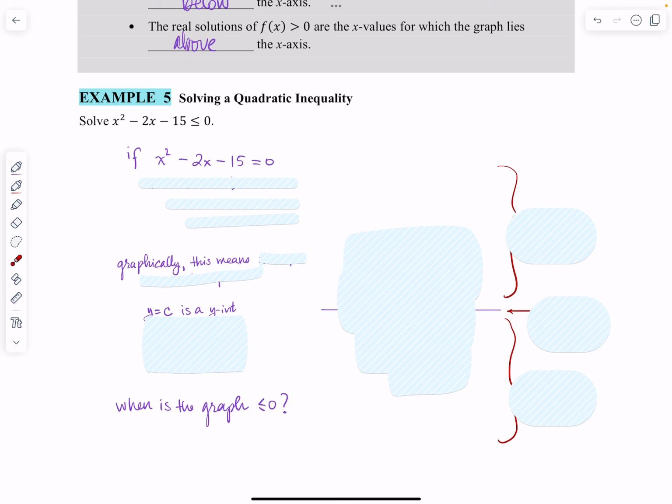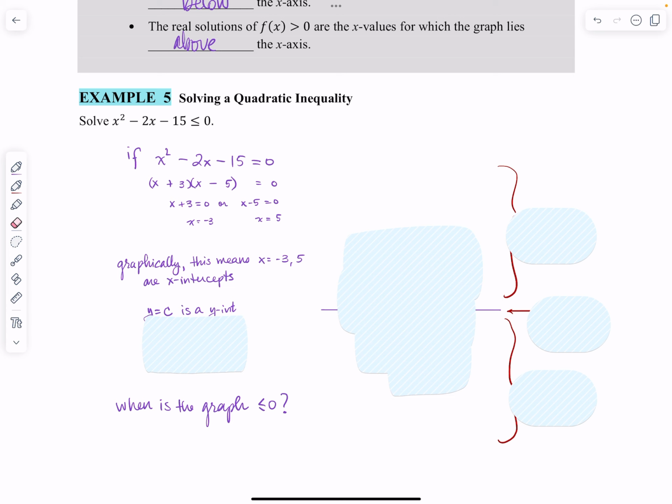If I were solving this equation, then I would factor it, set up my mini equations and solve. So I would have x equals -3 and x equals 5.